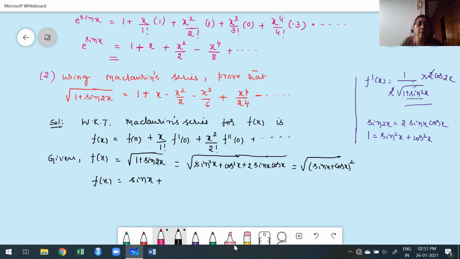Observe carefully, instead of finding the derivative of root of 1 plus sin 2x, finding the derivative of sin x plus cos x is easy. See how a simple way of finding the expansion of the given function is very important in Maclaurin series. If they give a function and you directly take the derivative, once you move to the higher derivatives, it's not easy.